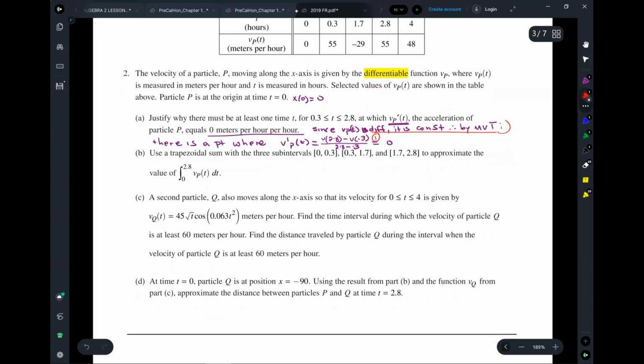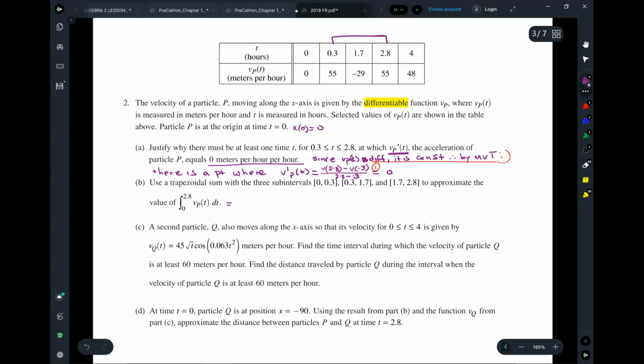Use a trapezoidal sum with 3 subintervals to approximate this. Okay, so 3 subintervals. From 0 to 2.8, this is going to equal, okay, so how do we do this? Remember what the trapezoidal rule is.